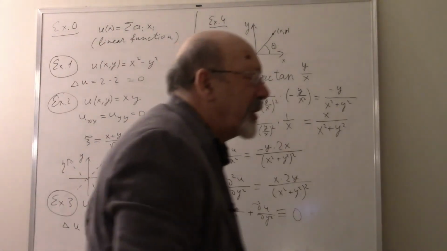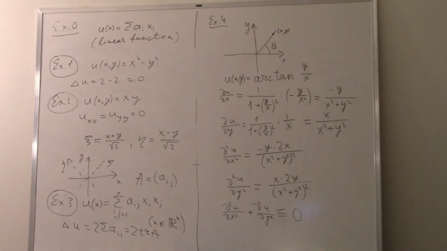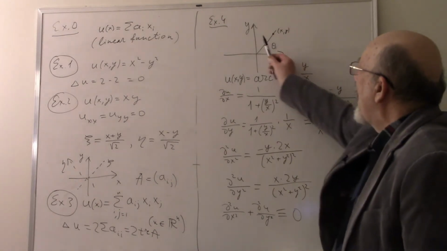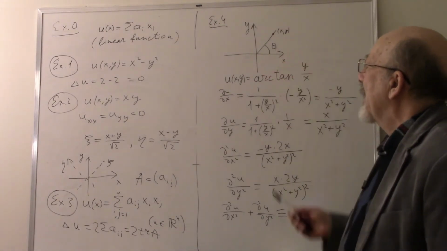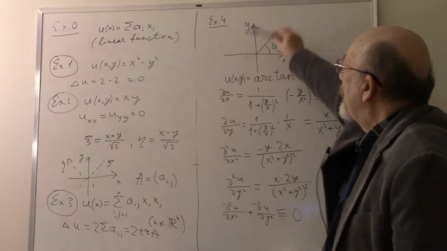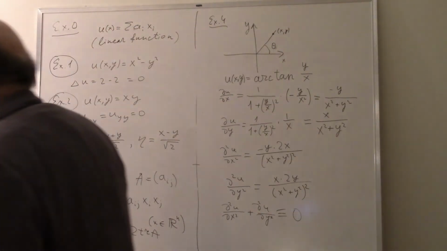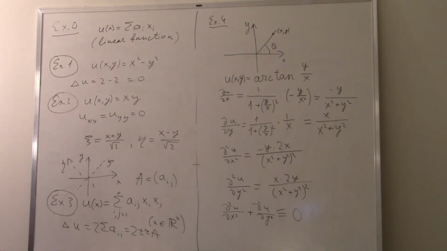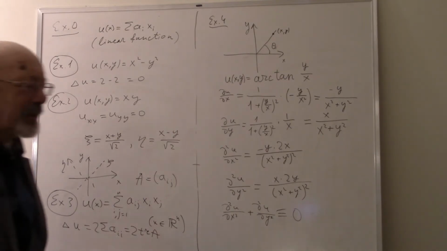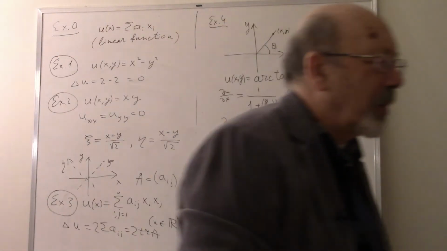Now, strictly speaking, we proved it only in the right half plane. So in the upper, lower, and the left, we have to use a different expression for the polar angle. Instead of arctangent it can be arccotangent and so on.